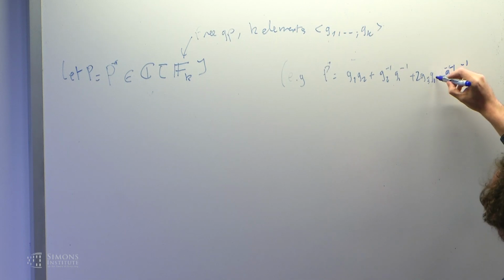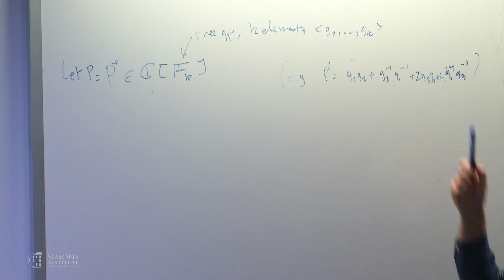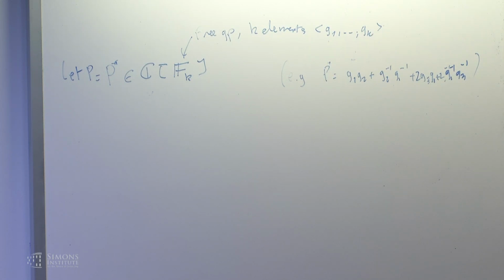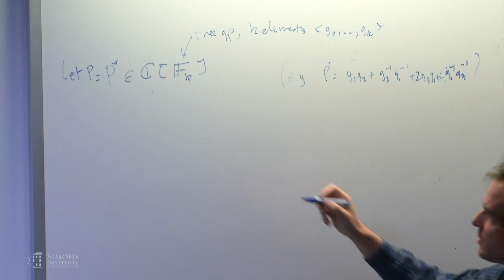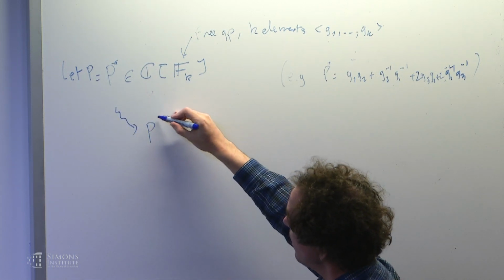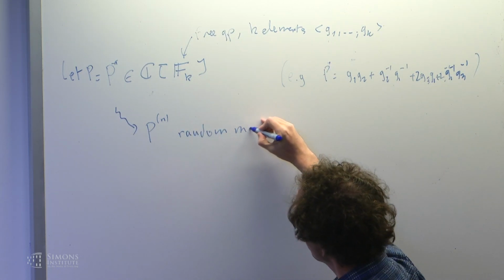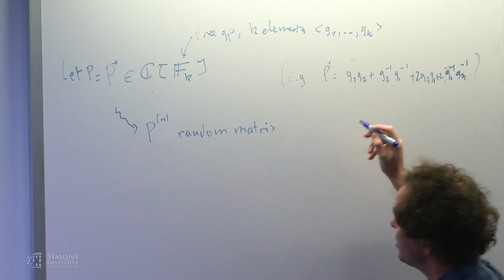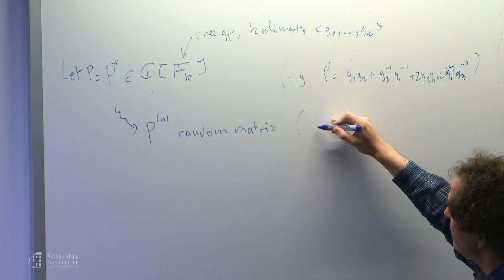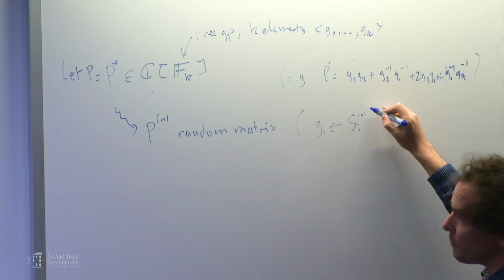I could put some coefficients or whatever. So some kind of linear combination of words in the free group, and out of this, I can create a random matrix, where I just replace the Gi's by my random permutations.